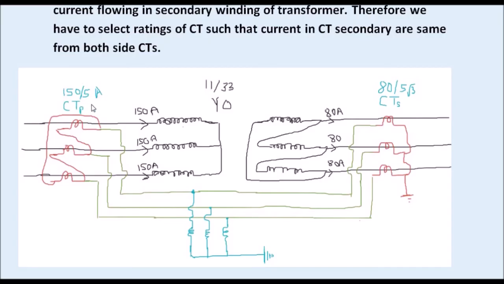So by selecting proper CT ratios, we can adjust the magnitude of current in the pilot wire, and by selecting proper CT connections, that is delta or star, we can compensate the phase difference of the current in the pilot wires.